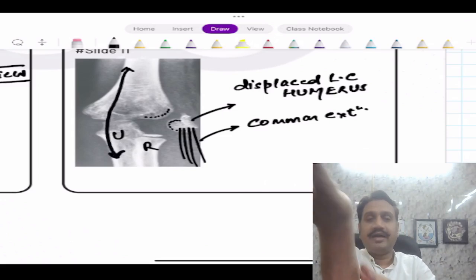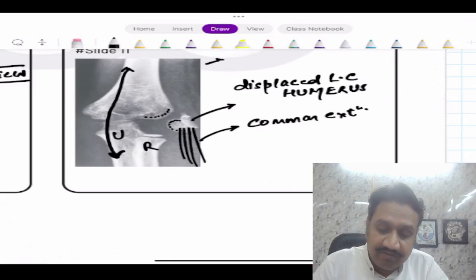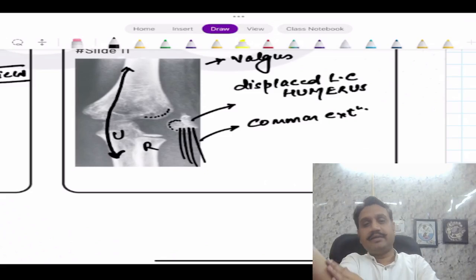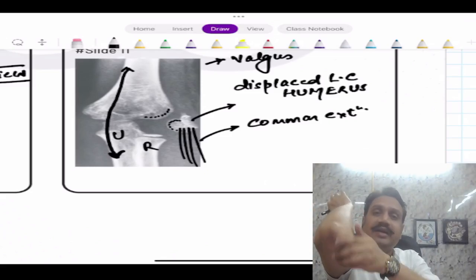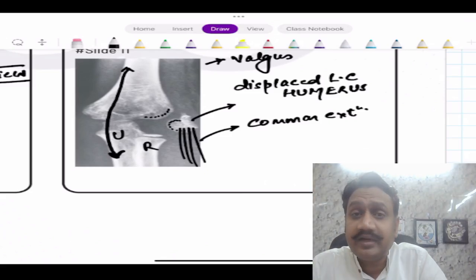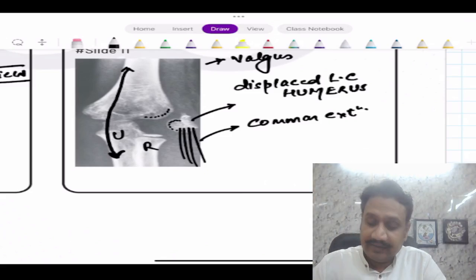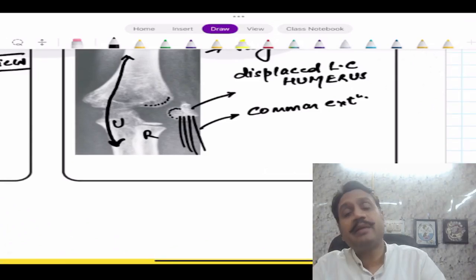And the forearm gradually goes laterally, developing what deformity we said? Developing the valgus deformity. And as the valgus keeps on increasing, the stretch will come onto the medial side. And under the medial epicondyle, what is the most common nerve we have? It is the ulnar nerve. And that's going to create a stretch of the ulnar nerve after some time of the injury.